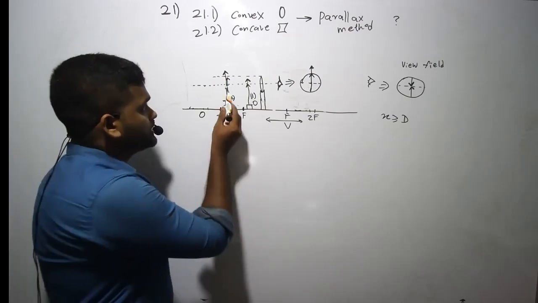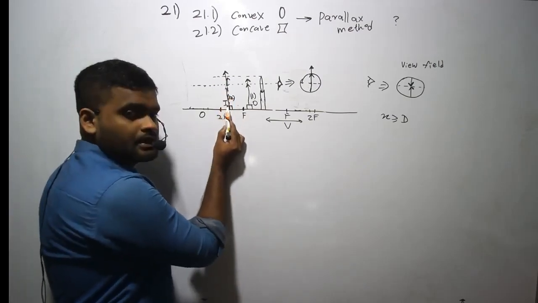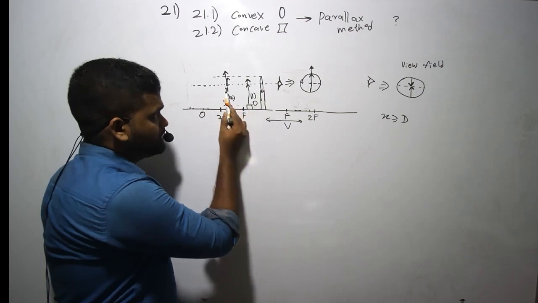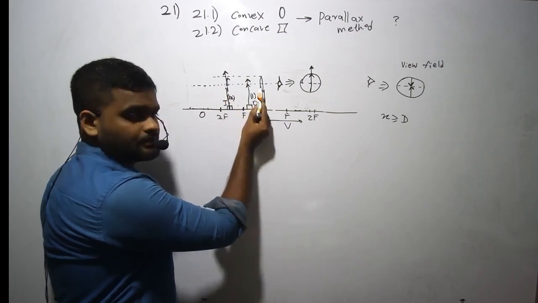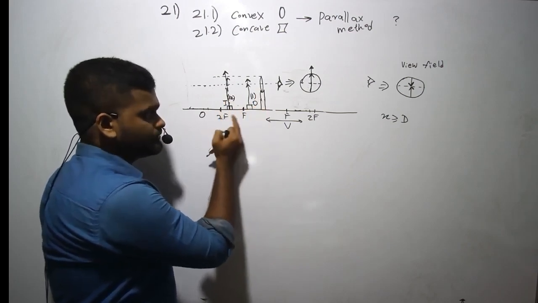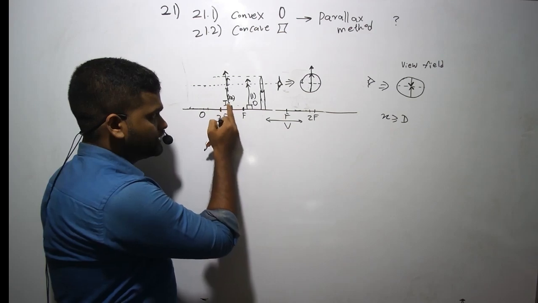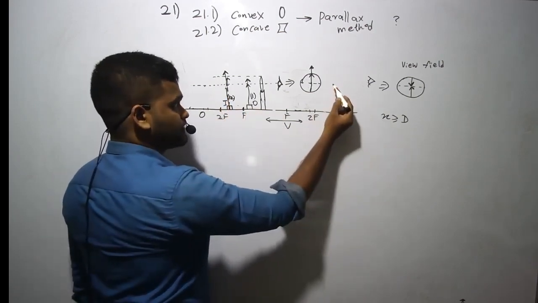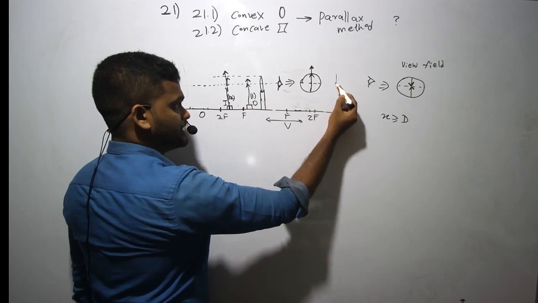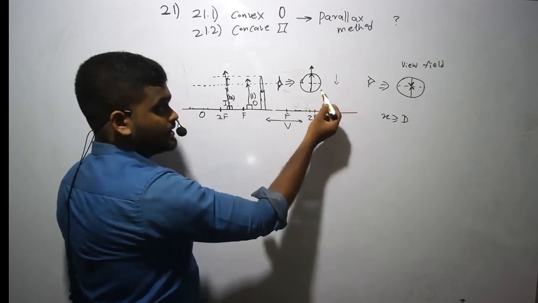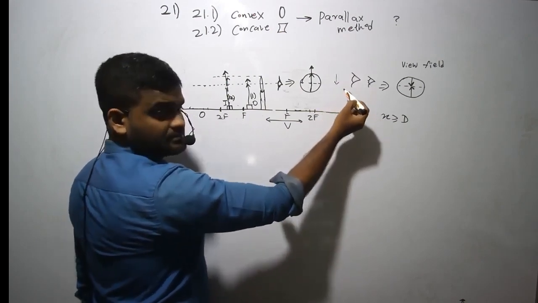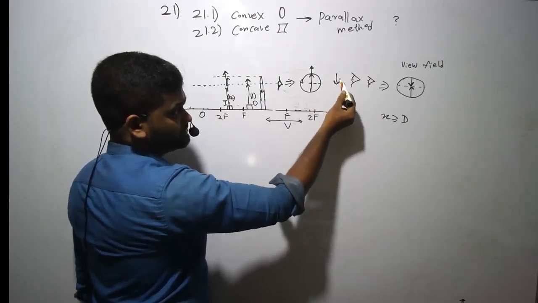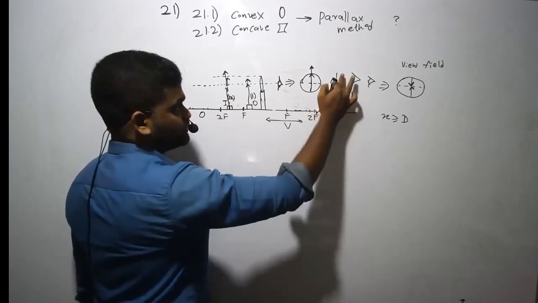You know, this also is an image, right? Lens also makes an image of this pin 2 as well, but it is between f and 2f. So the image of this pin 2 is made beyond 2f. So it will be made like this, beyond 2f. If you place the eye here, you will see this image as well, right? So you need to prevent that.